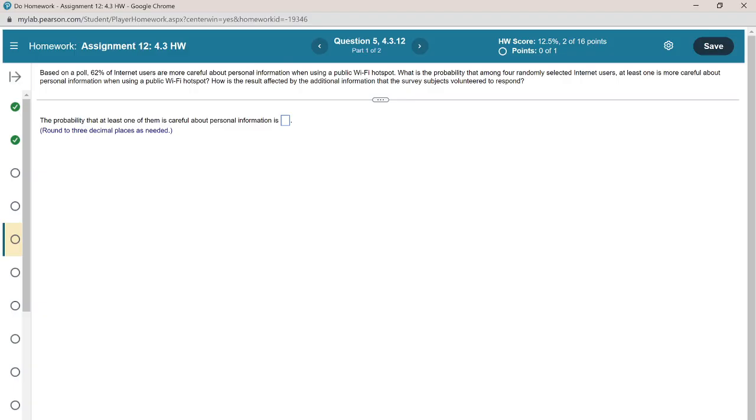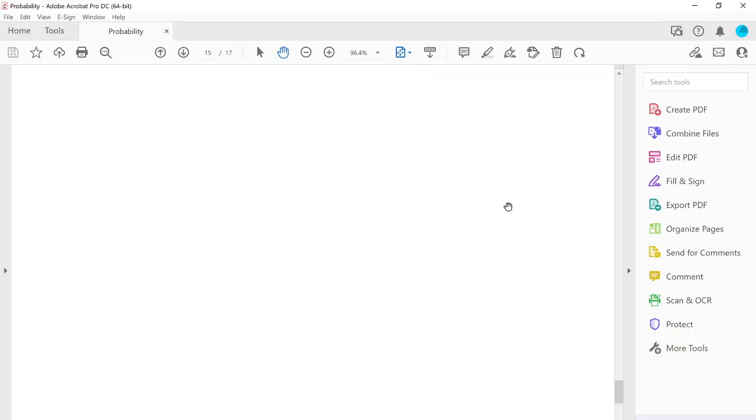Based on a poll, 62% of internet users are more careful. That means out of 100, 62 are careful, so the remainder is 38%. 38% are not careful.